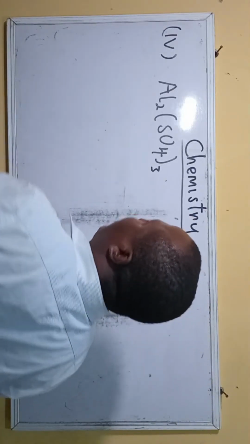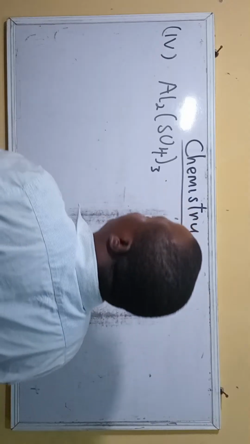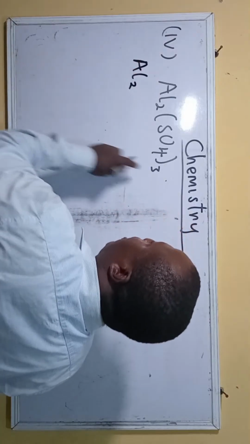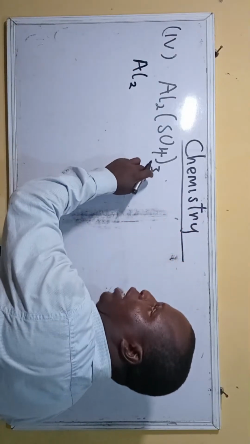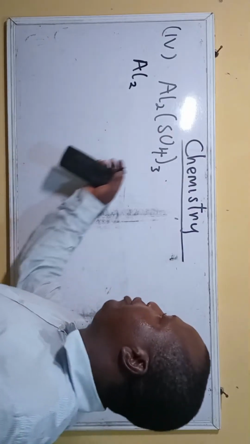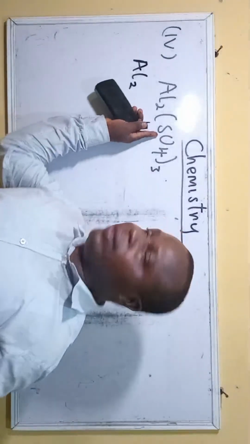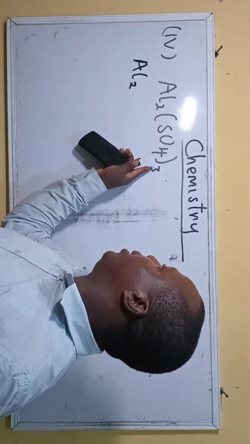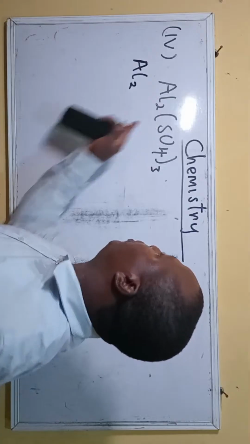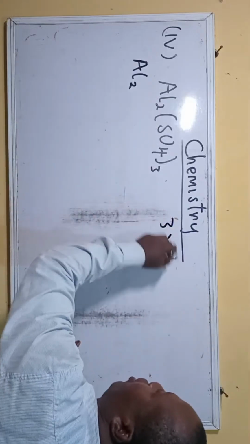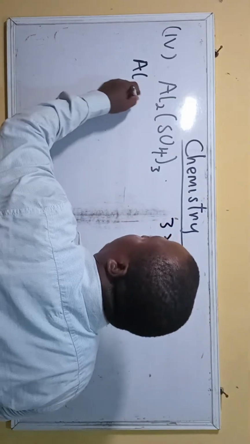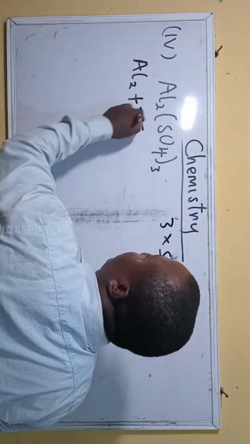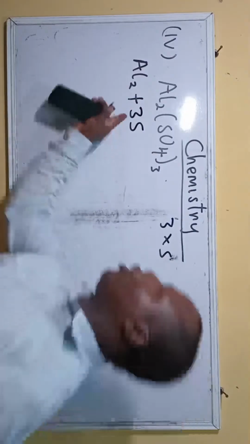Now, if you have something like this, the first thing you do is, remember this Al2. Now, 3, you have to use this value outside here to multiply whatever you have inside the brackets. Are you with me? You have to multiply through. That is 3 times sulfur, it will give us plus 3x.